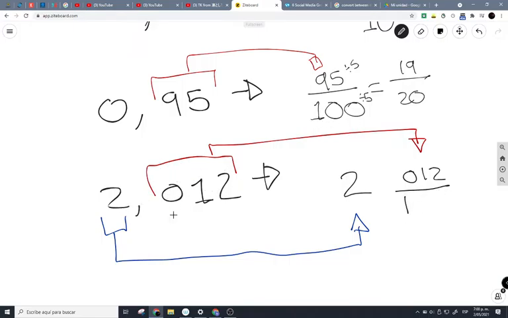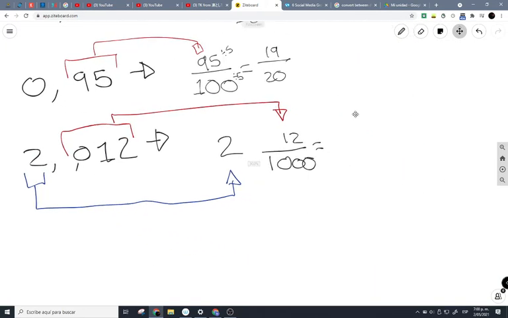And how many digits do we have after the comma here? We have 1, 2, 3, so it's 3 zeros. By the way, we can erase this 0, since this is a 0 that is on the left of a natural number. We can erase it, and now we can simplify it.